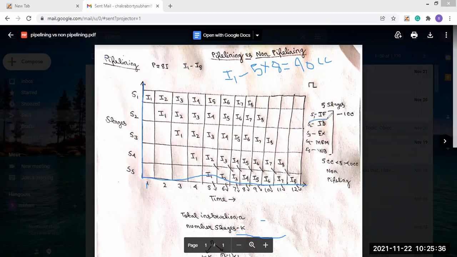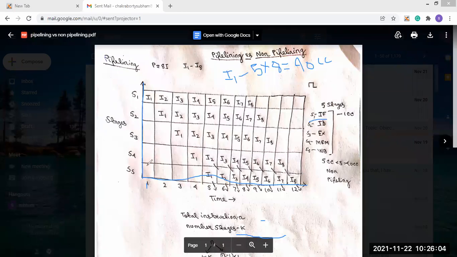So instruction fetch will be done in stage 1, that means I1 does the instruction fetch in the first clock cycle.